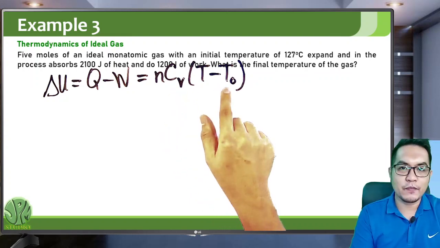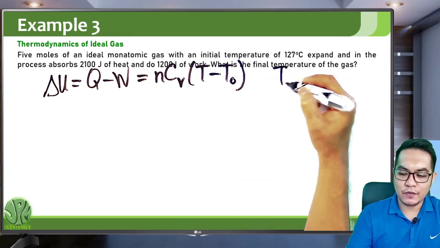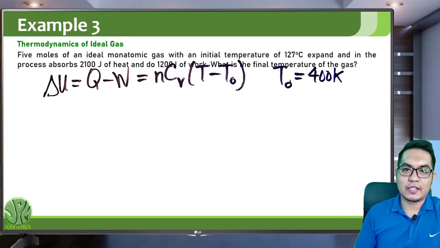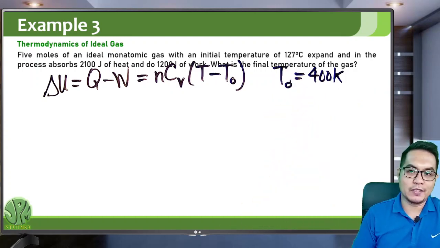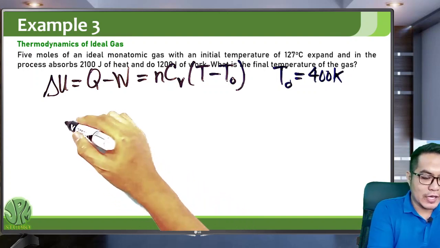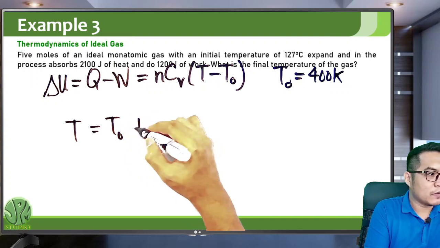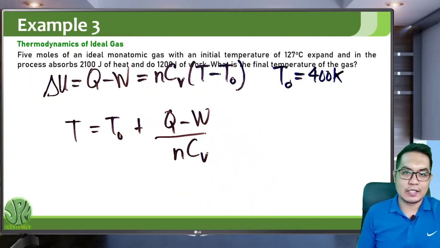Initial temperature in Kelvin: 127 degrees Celsius is 400 Kelvin. So you will get the final temperature is T naught plus (Q minus work) over n times CV.